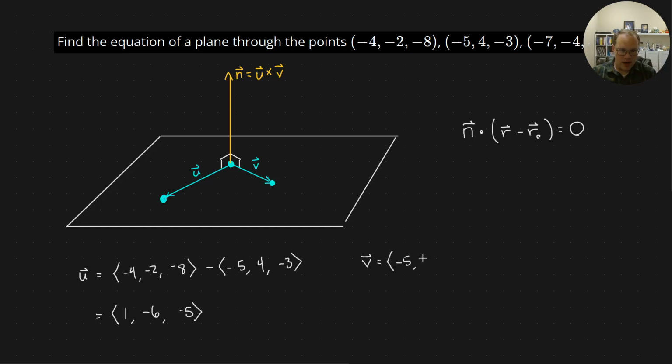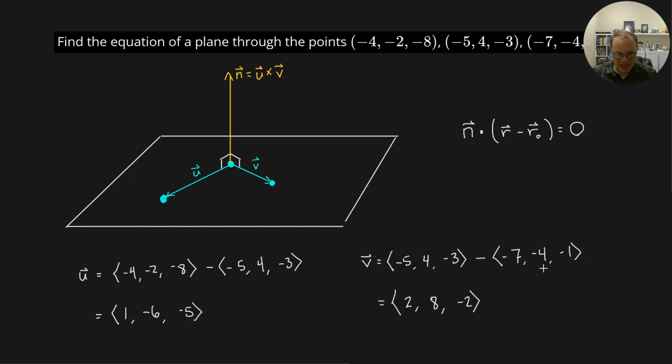So -5, 4, -3, minus -7, -4, -1. So this will be the vector pointing from this point to this point. And I get 2, 4 minus -4 is 8, and -3 minus -1 is -2.